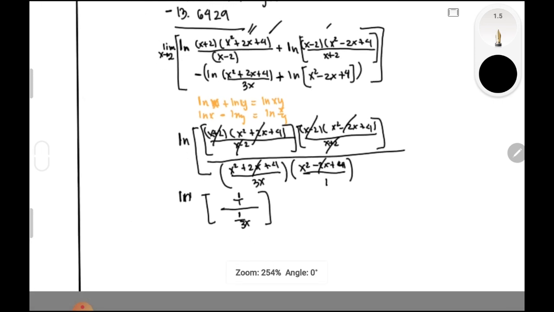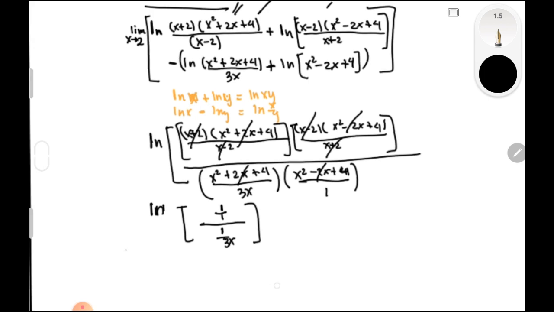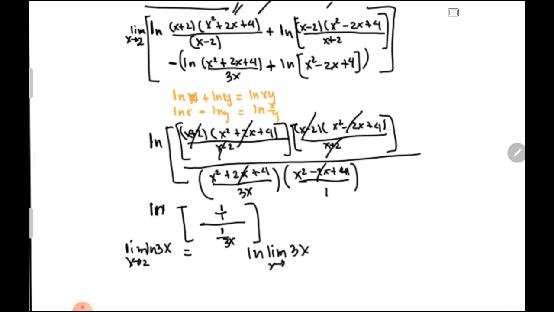Okay? So from this, we can get the limit of ln 3x as x approaches 2, which is equal to ln of the limit of 3x as x approaches 2, which is 3 multiplied by 2, is equal to 6.